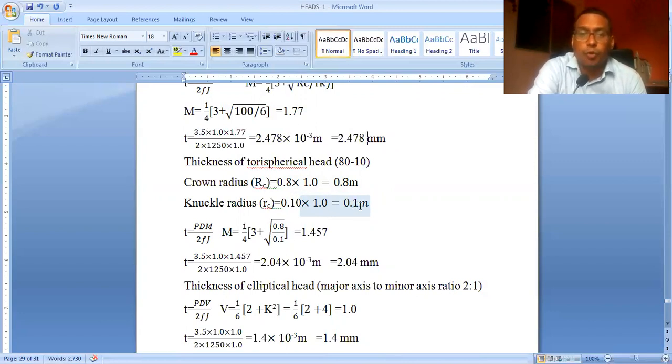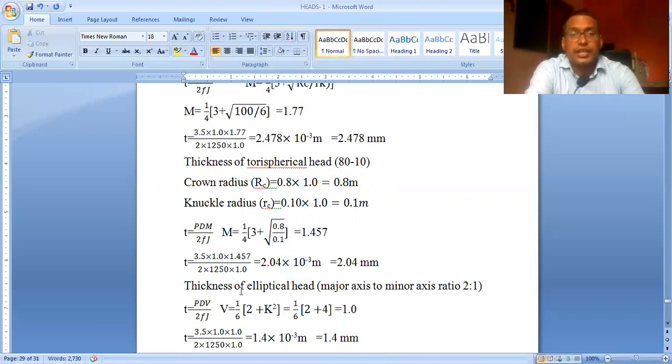So it comes as 0.1. So it becomes ratio of RC upon RK. So value of M comes as 1.457. So thickness is coming as 2.04 millimeter.